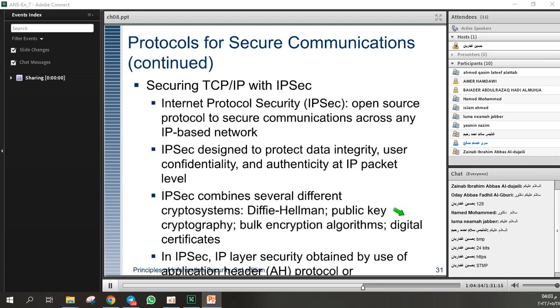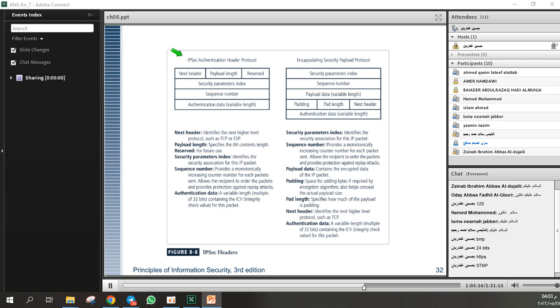This protocol can be applied as two different protocols. One of them is the authentication header. The other is the encapsulating security payload. But what is the difference between them? Look at this one here.